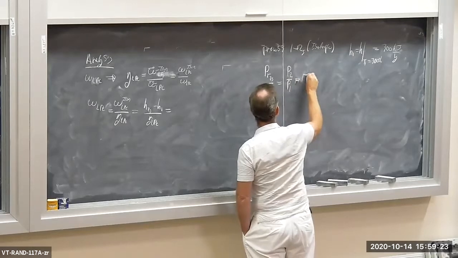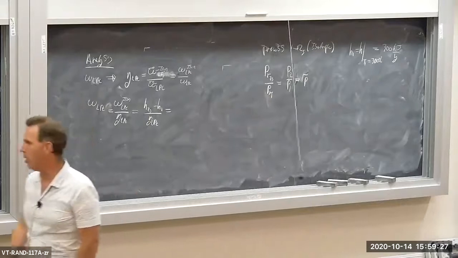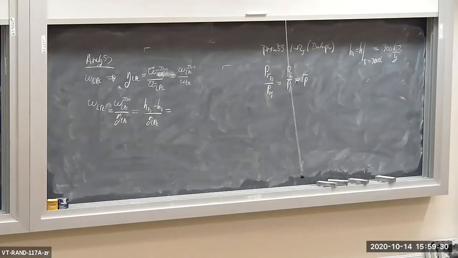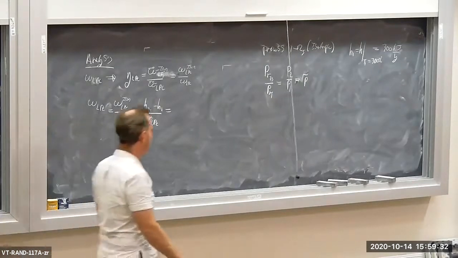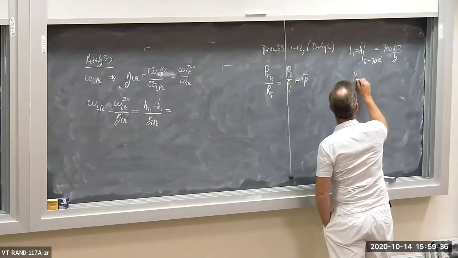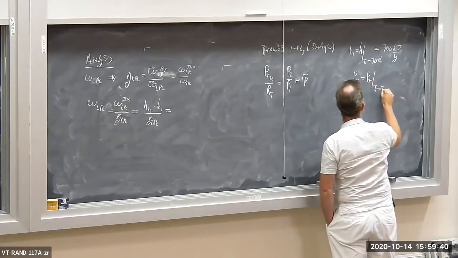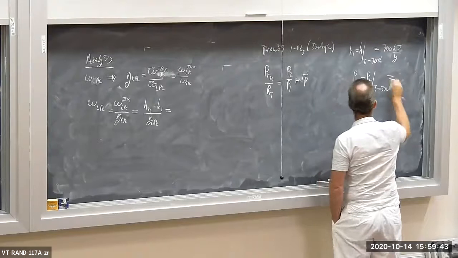And that's equal to my pressure ratio for the compressor, r_p. r_p is equal to 3, I know that. Pr1 is Pr evaluated at T1, which is 300 degrees Kelvin.